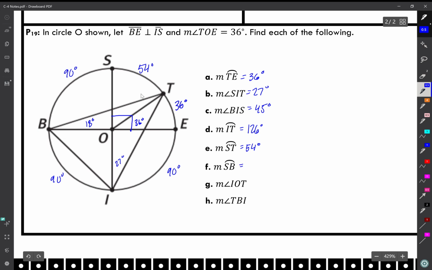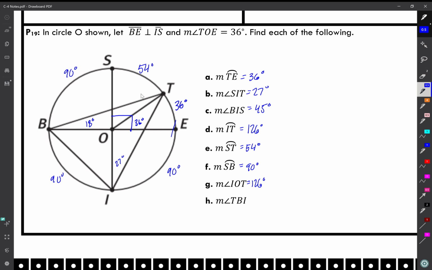SB, already found to be 90. Angle IOT is a central angle with its intercepted arc IT, which we found to be 126. Central angles have the same measure as their intercepted arc, so this will be 126 as well. And then TBI.